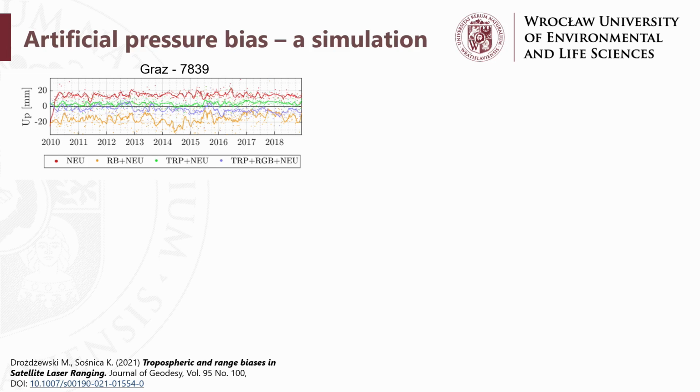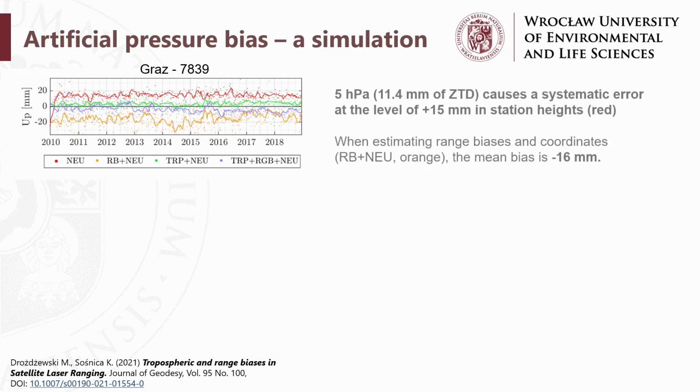If we introduce a bias of 5 hectopascals and we estimate just station coordinates, we will have an offset in the up component at the level of plus 15 millimeters.